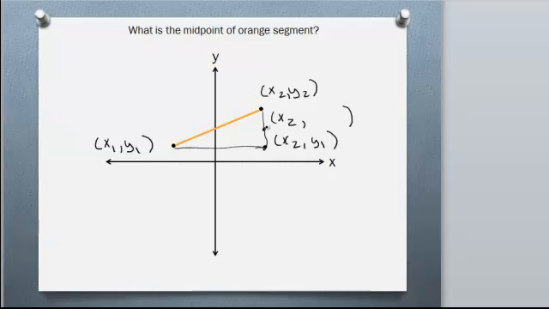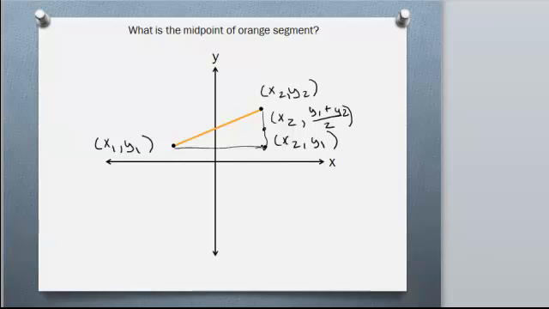However, the y coordinate would be halfway between the two y coordinates here. So you could say y1 plus y2 cut in half. Does that make sense? We add up this y value plus this y value and then cut it in half, and that'll tell us this one.